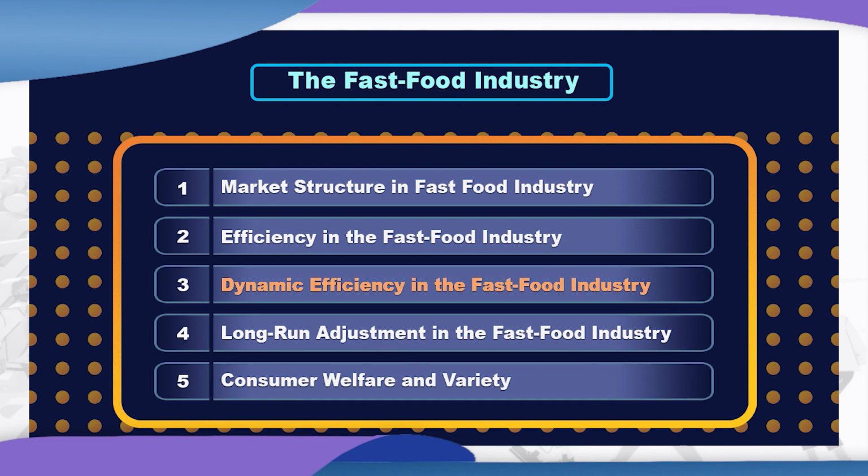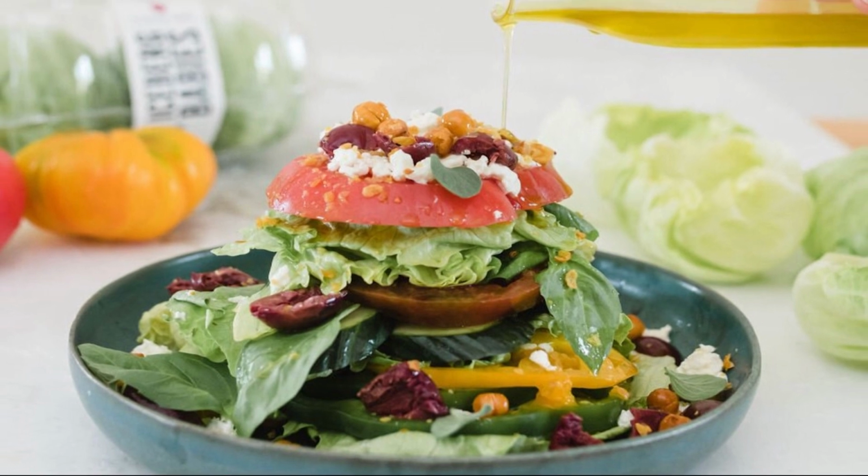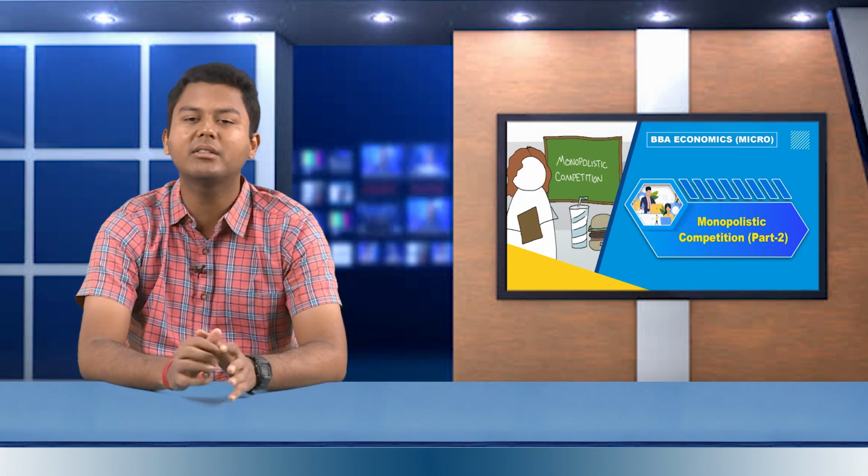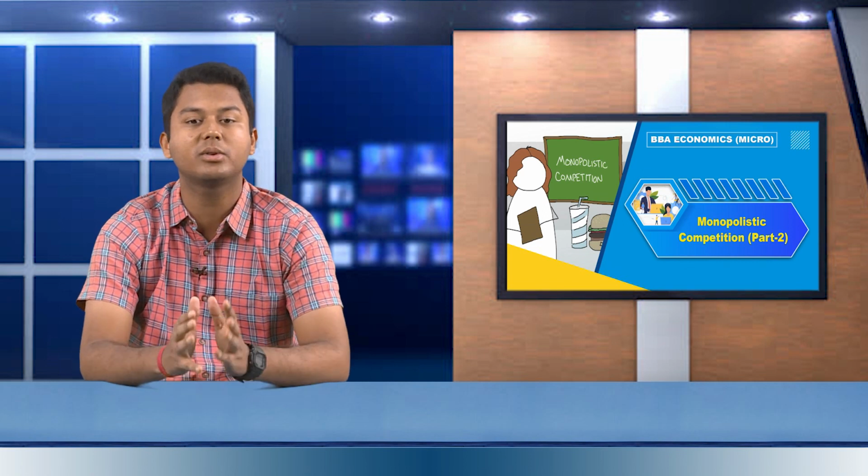Now looking at dynamic efficiency in the fast food industry. Despite the lack of static efficiency, the fast food industry demonstrates dynamic efficiency. Firms regularly innovate and adapt to changing consumer preferences. Fast food chains frequently introduce new products and new menu items to cater to changing tastes and preferences.